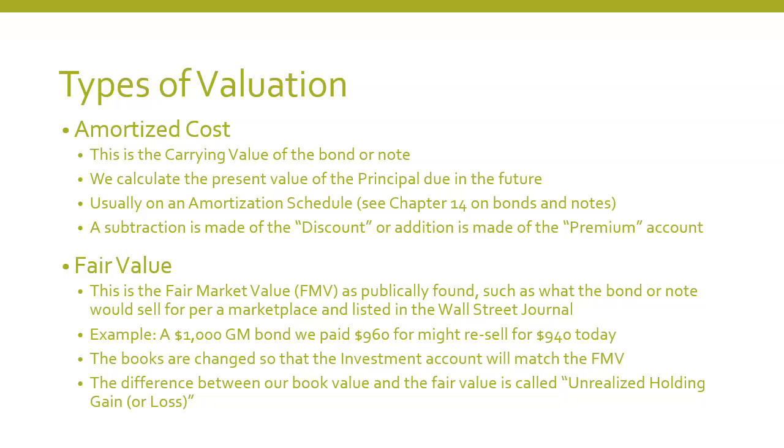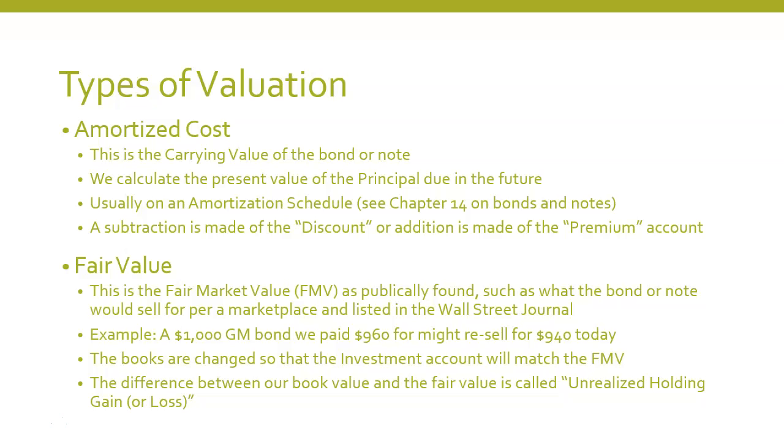The difference between our book value, that carrying value on an amortization schedule or something, and the fair market value that we had to look up is called the unrealized holding gain or loss.